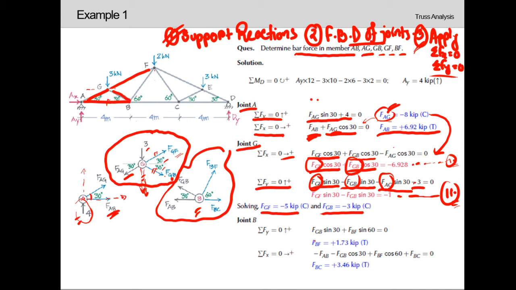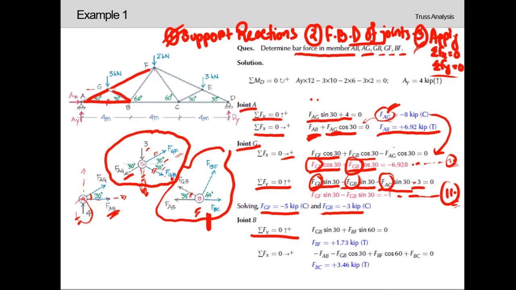Now for joint B, applying summation of f of y, we can see at joint B in vertical direction there are no forces, but the inclined forces FGB and FBF will have vertical components.